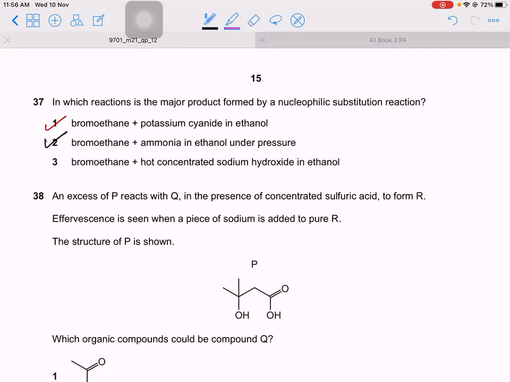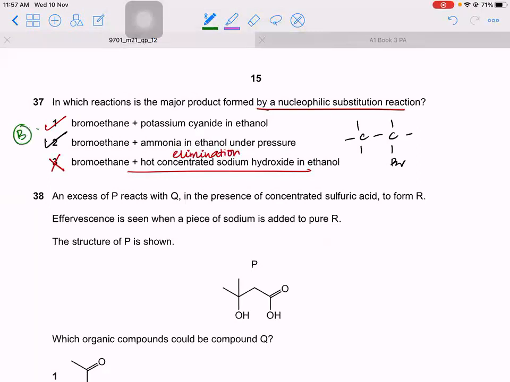Bromoethane with hot concentrated NaOH in ethanol. What is this? This is elimination, firstly. Is this nucleophilic substitution? No. Can it be the answer? No. Answer is B.